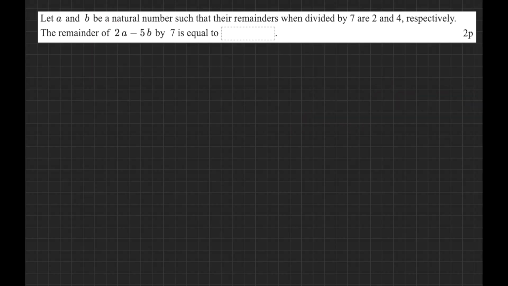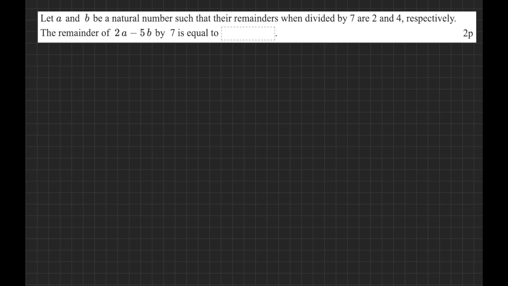Okay, let us solve the next question now. Let a and b be natural numbers such that their remainders when divided by 7 are 2 and 4 respectively. The remainder of 2a minus 5b by 7 is equal to, so we need to find the remainder of 2a minus 5b by 7. Okay, so let us use congruency to solve this problem.